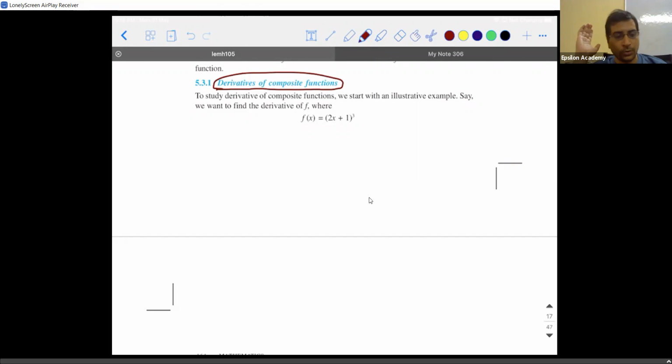Remember, whatever you're learning in this chapter is going to be a tool for the next chapter, because this chapter speaks only about differentiation. In the sense, how are you going to differentiate different kinds of functions that are given to you? So it is like you're making yourself ready to apply it. The sixth chapter is applications of derivatives.